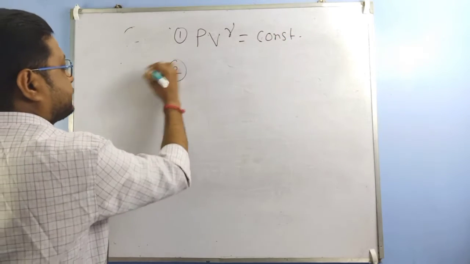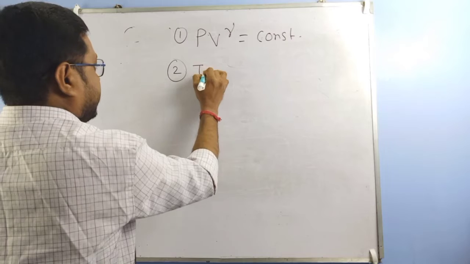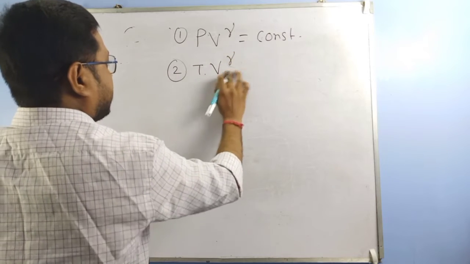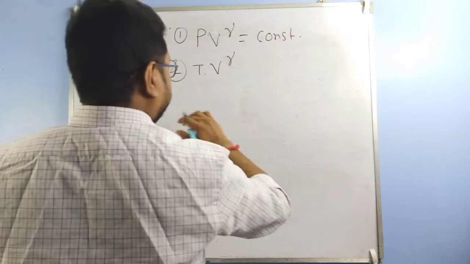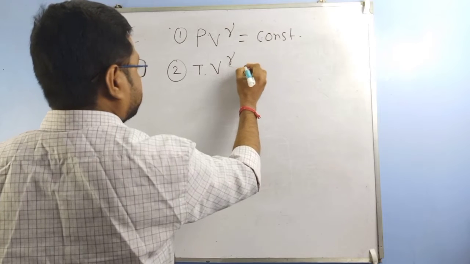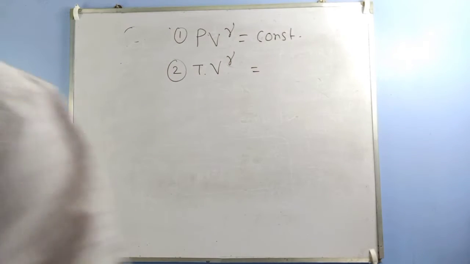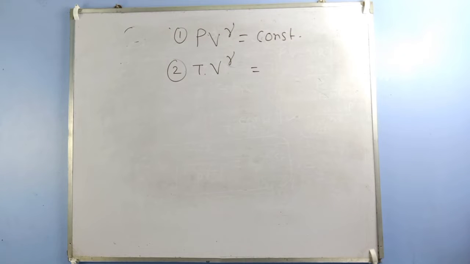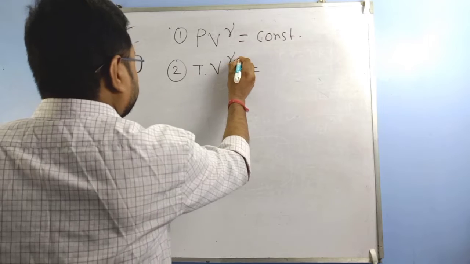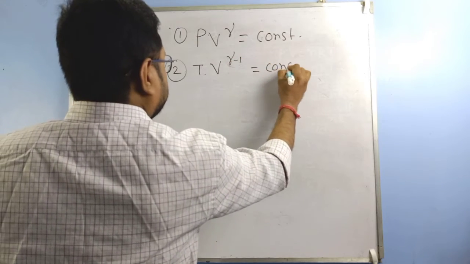Number 2 is T V to the power gamma minus 1 equal to constant.